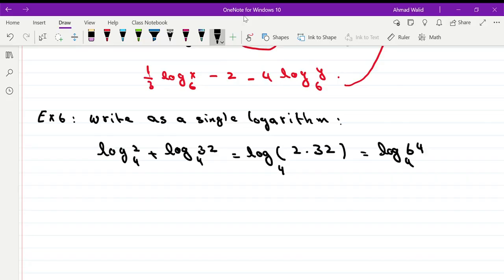But can I write 64 as a power of 4? Definitely yes. I will write log of 4 to the power of 3 base 4, which gives me 3. If you see rule number 2, I don't want to apply the power rule again. If you have log of b to the power of x base b, your answer is x, right? That means here your answer is 3.